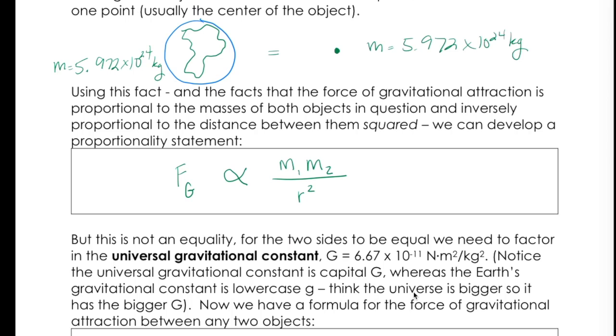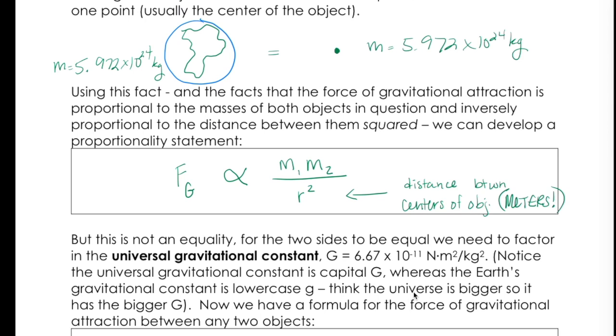An important thing to note is that the radius is just the distance between the centers of the objects.